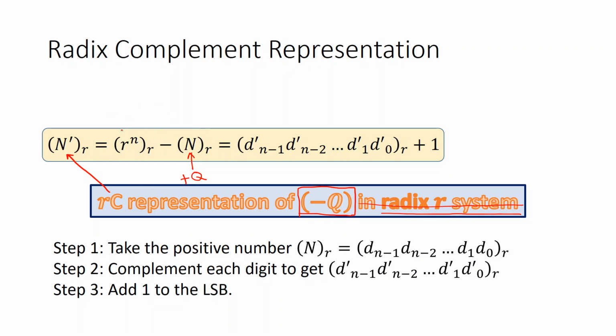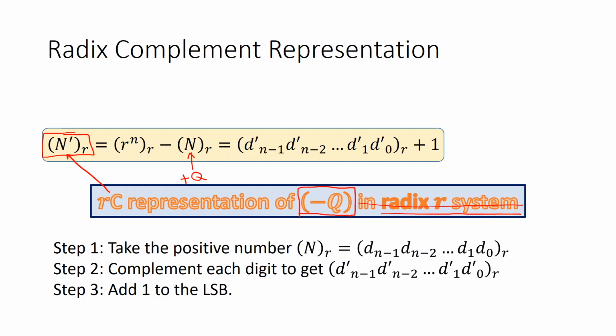This is a sort of imposition. See, the numbers are complement of each other. Now what we do, we impose the idea that this number, which is the complement of n, is the radix complement representation of minus q.